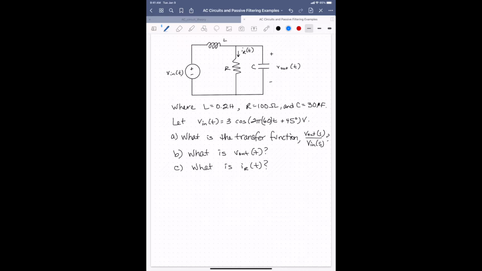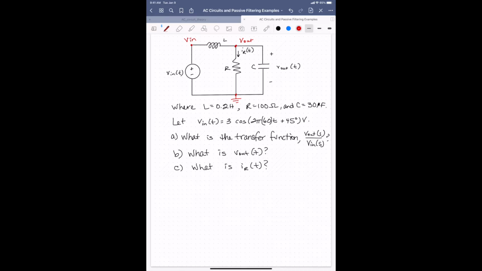Let's go ahead and do nodal analysis on this problem. It seems to be the easiest to me. We'll have a node here, and that node is V out. This node here is actually V in, and of course we have ground at the bottom.